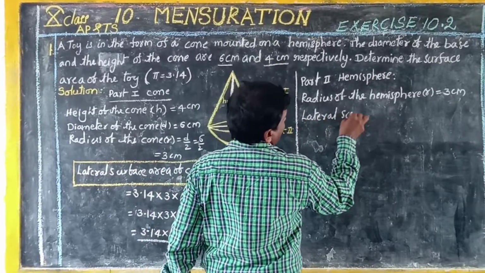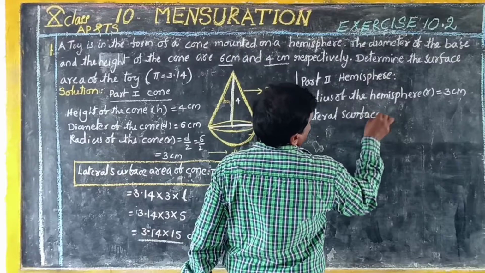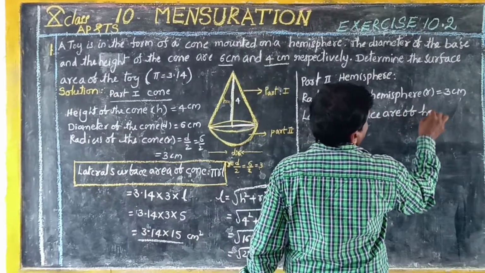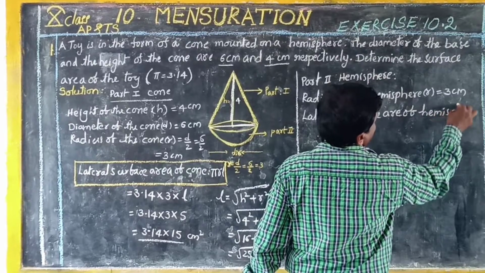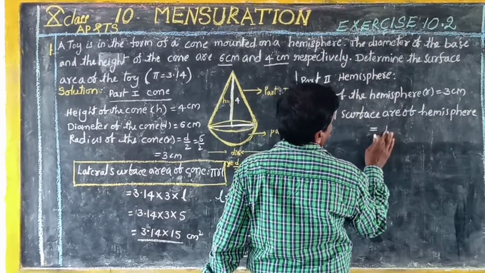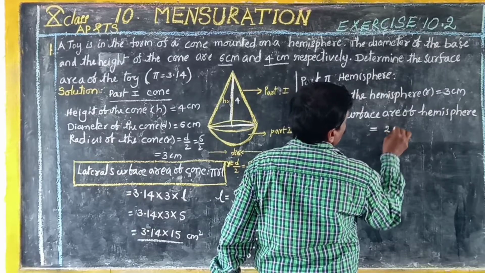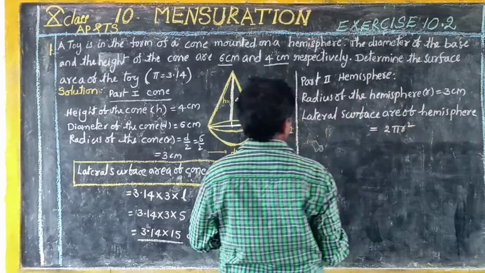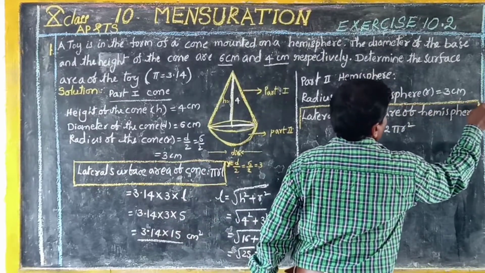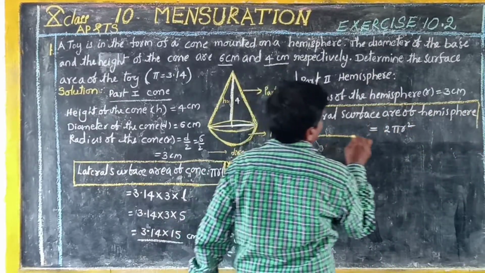Lateral surface area of the hemisphere is equal to 2 pi r square.